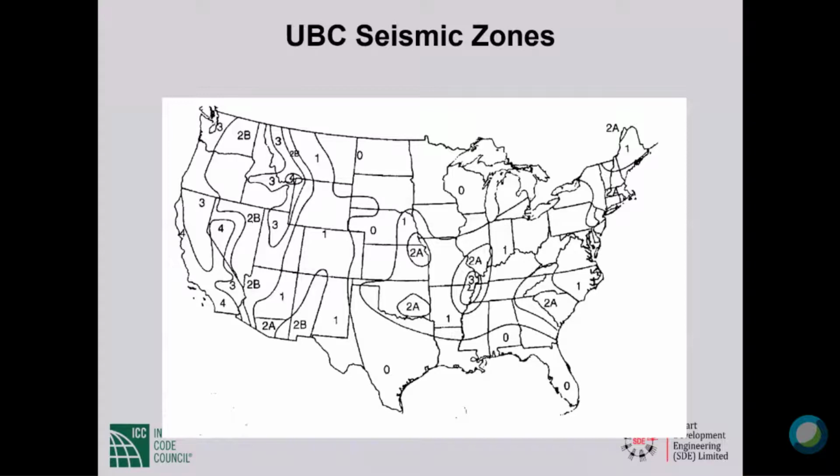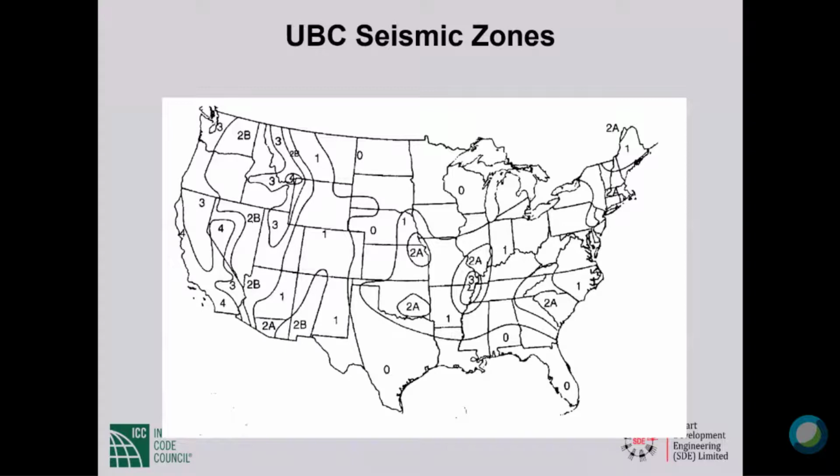It combines three things: the seismic hazard at the site of the structure, which is what the zone factor was about, but also the occupancy of the structure, whether it's a hospital or an office building now makes a difference, and very, very importantly, the soils at the site of the structure.